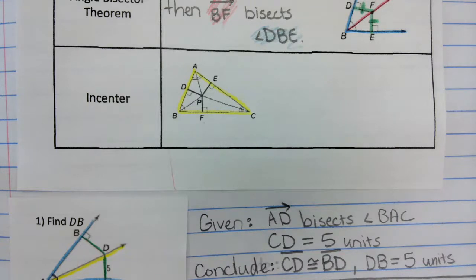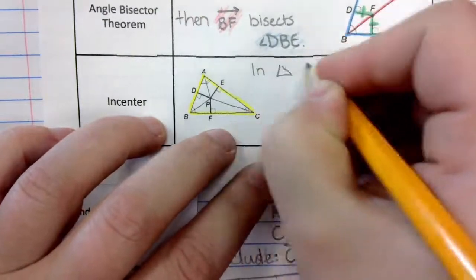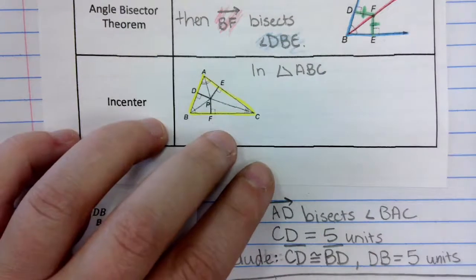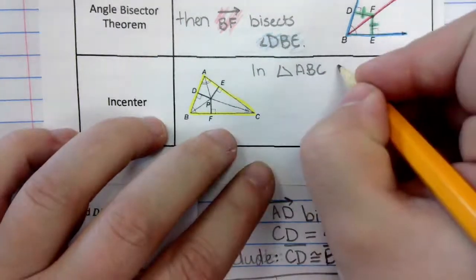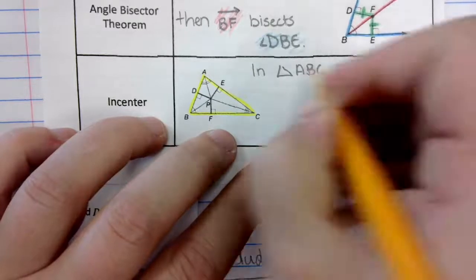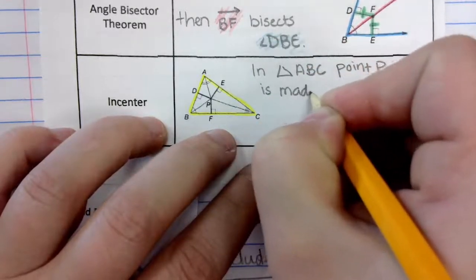All right. So, in that triangle ABC, point P is made from the angle bisectors.